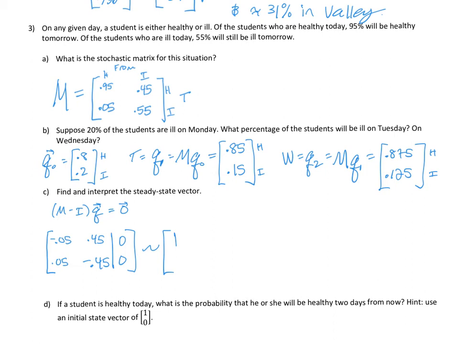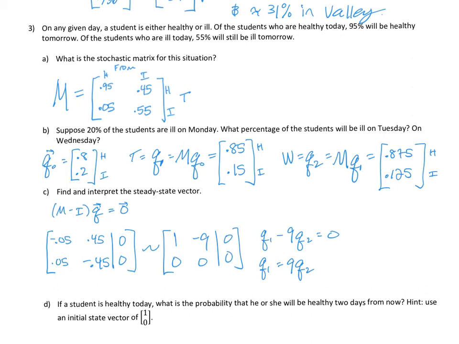We get 1, 0, negative 9, 0, 0, 0. This says Q1 minus 9 Q2 equals 0, which means Q1 equals 9 Q2.